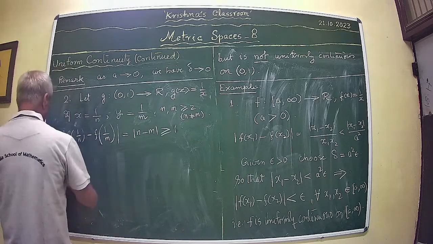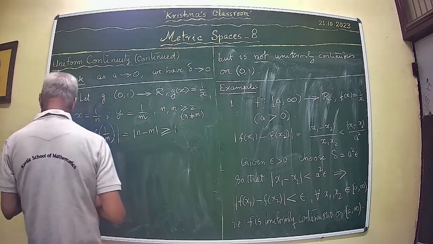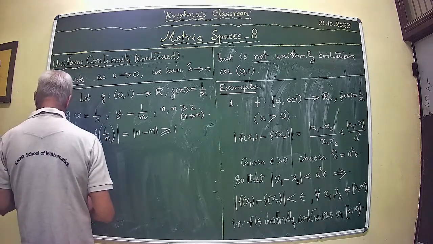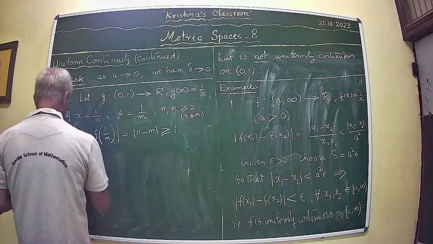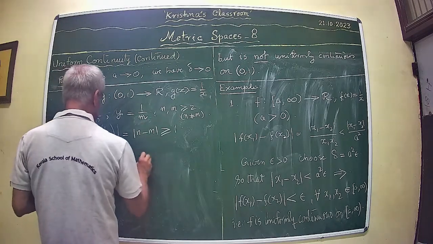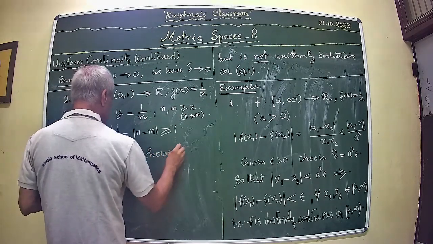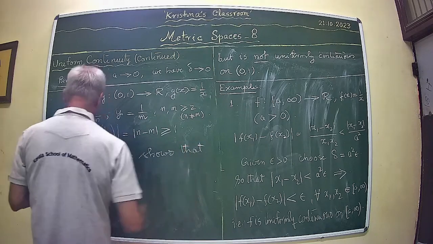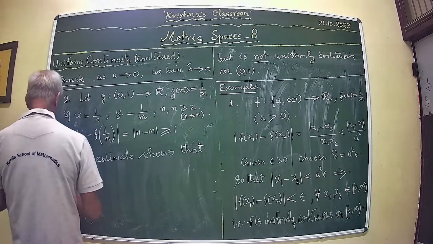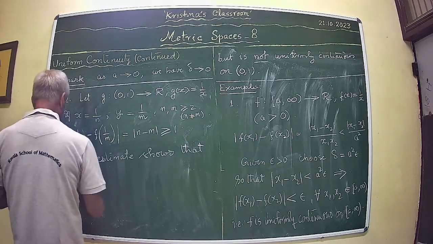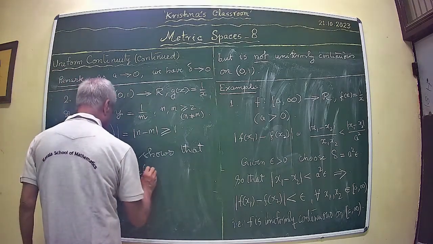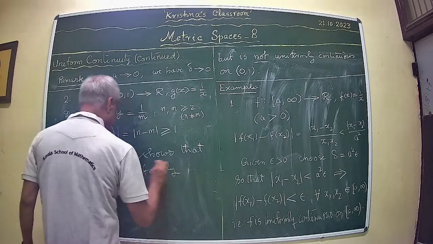So we use this to show that g cannot be uniformly continuous.